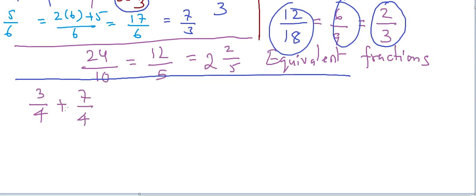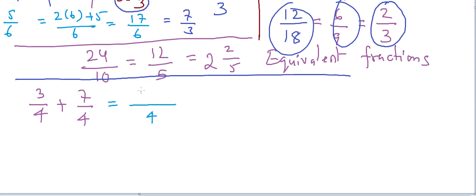If you look at it, their denominators are the same, so they are like fractions. If the fractions are like fractions, it's very easy to add. The common denominator is 4.